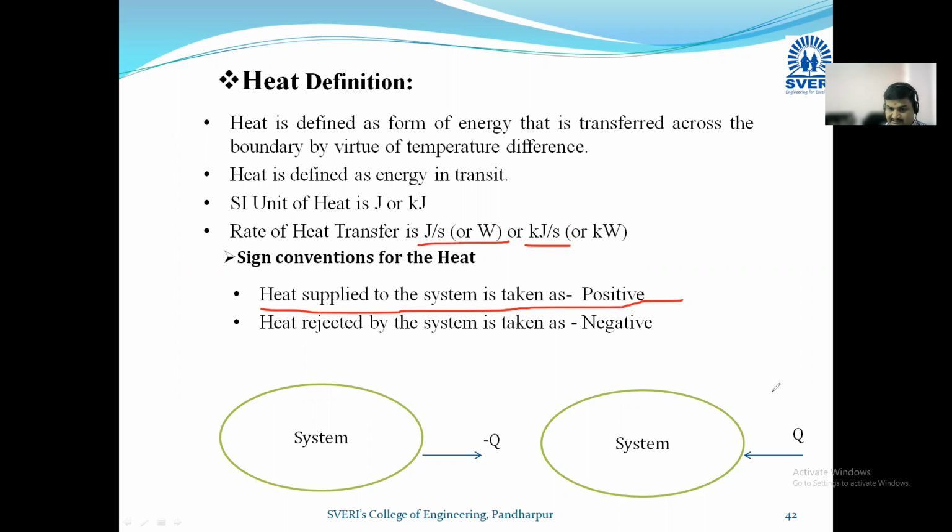Okay, so this is the positive heat when you are going to provide it to the system. जेव्हा तुम्ही एखाद्या पदार्थाला उष्णता देता त्यावेळी ती पॉझिटिव्ह हीट असते. And when you are going to extract the heat, when any body is going to reject the heat, that heat is considered as the negative heat.